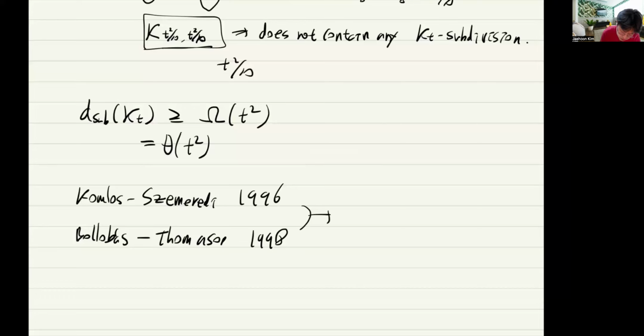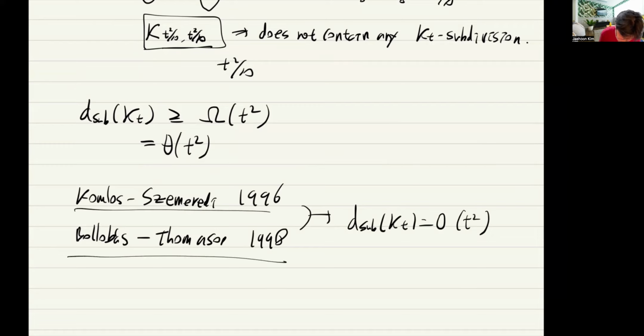They confirmed that this is big O of T squared. In other words, if you have a graph with average degree at least some constant times T squared, you should be able to find a copy of a KT subdivision in there.